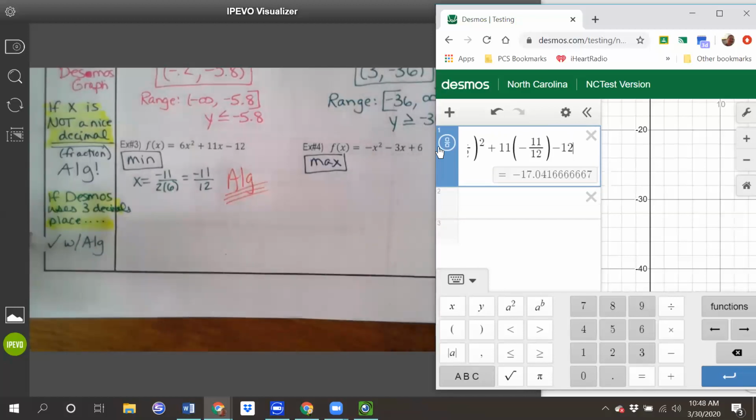So just like I would have done it in my calculator, but I'm doing it on Desmos.